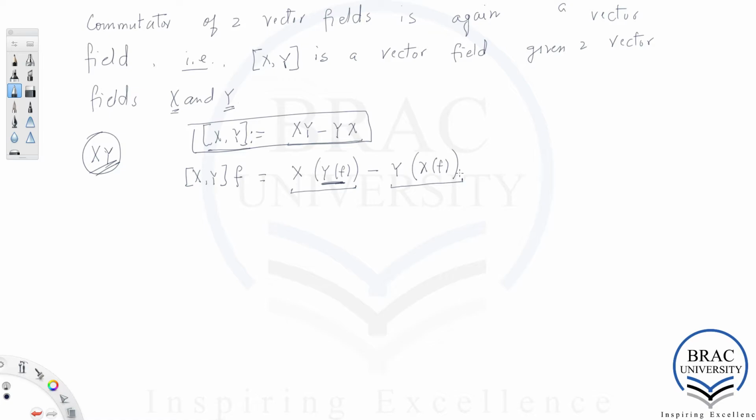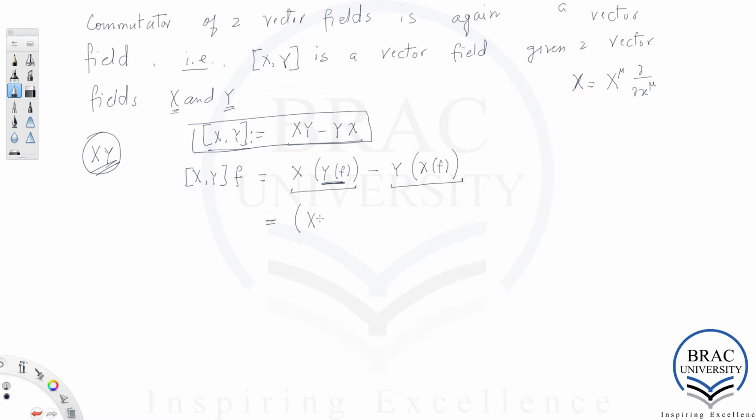Okay, good. Now we already know that in the coordinate basis we can write x as x mu del by del x mu. So let's write it using these components.